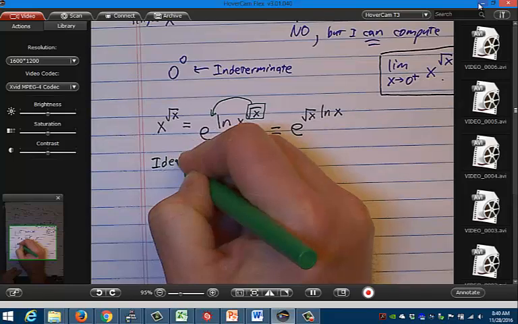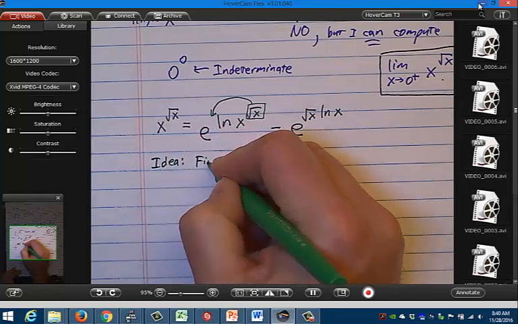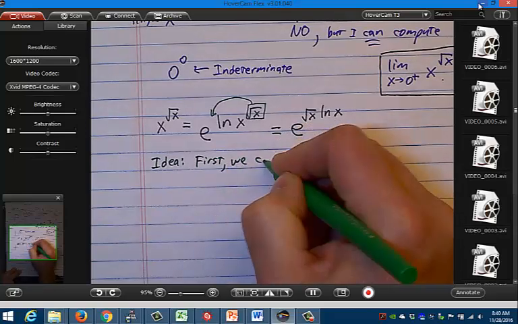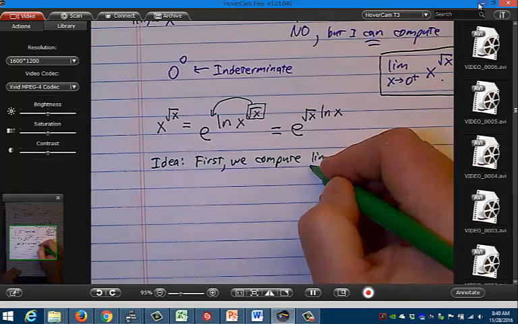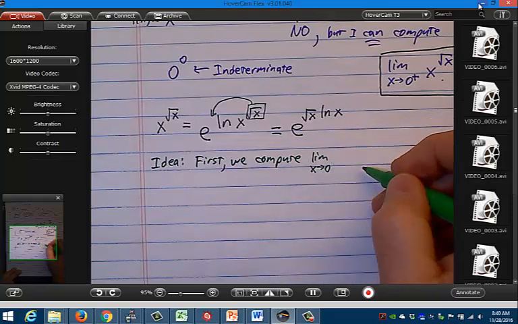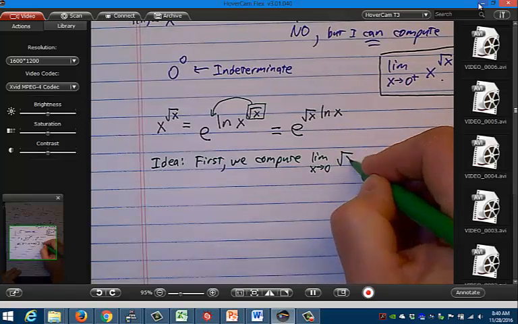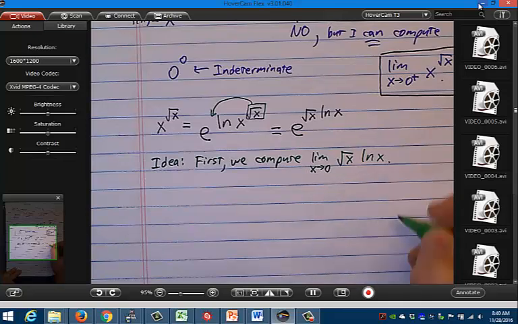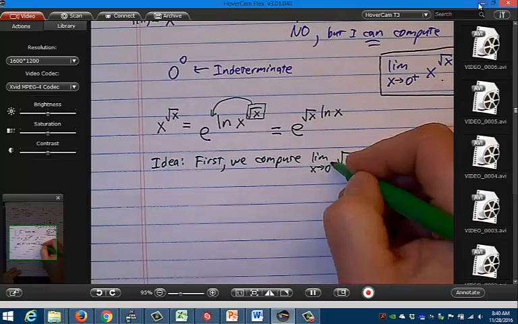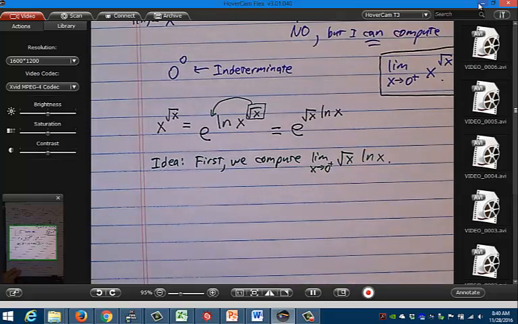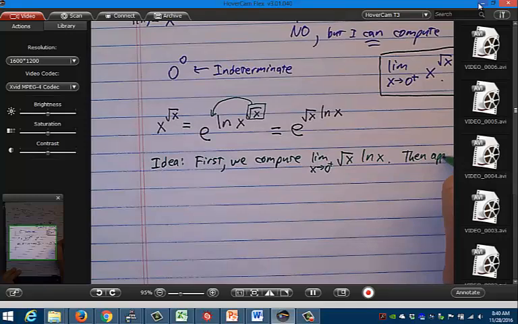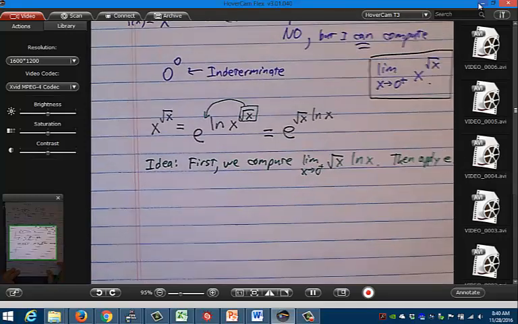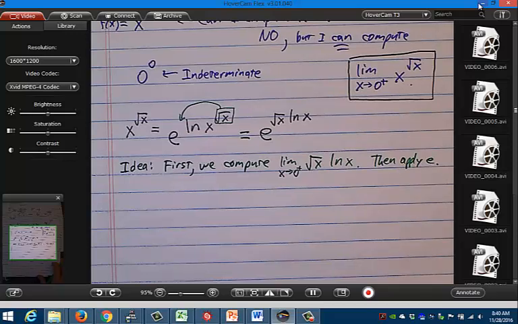First, we compute the limit as x approaches 0 of the square root of x times ln of x. Also, when you write it, it should be from the positive side, because you have to approach it from the positive side. So first I'm going to compute this, then apply e. Mike, do you have a question? Or is this okay?